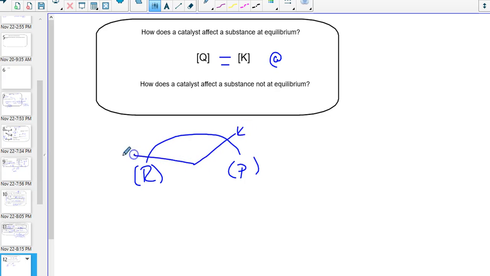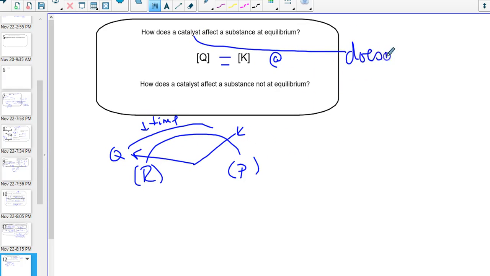If you're here at Q, it will reduce the amount of time it takes to get from Q to K. But a catalyst will not change K. The only thing that changes K is the temperature.